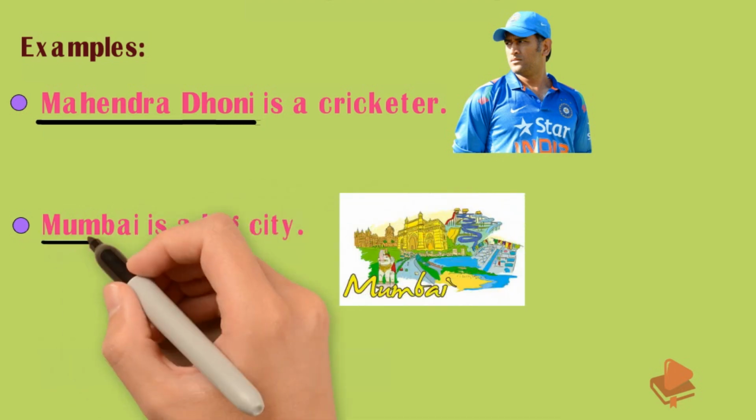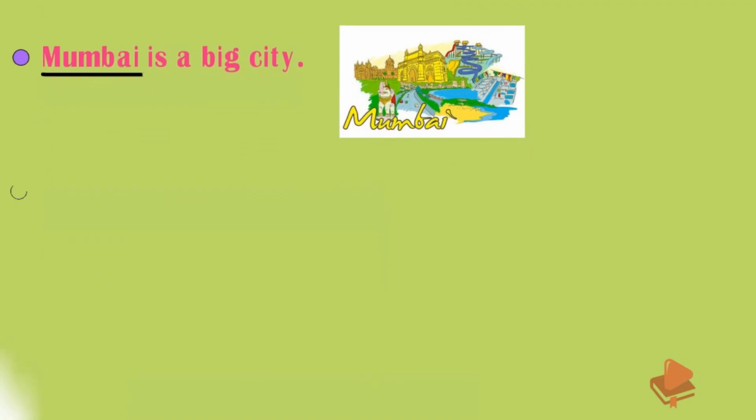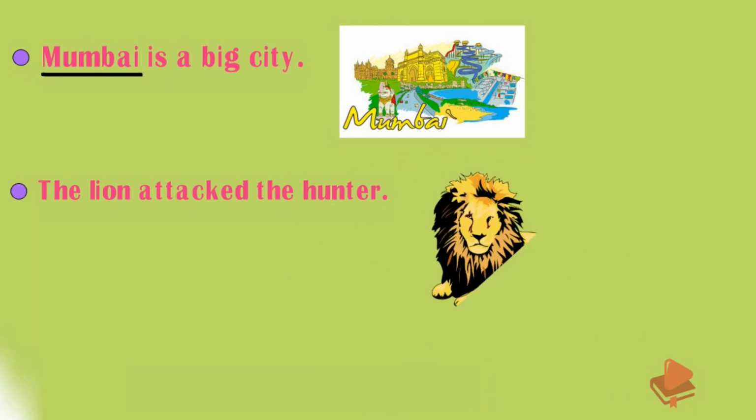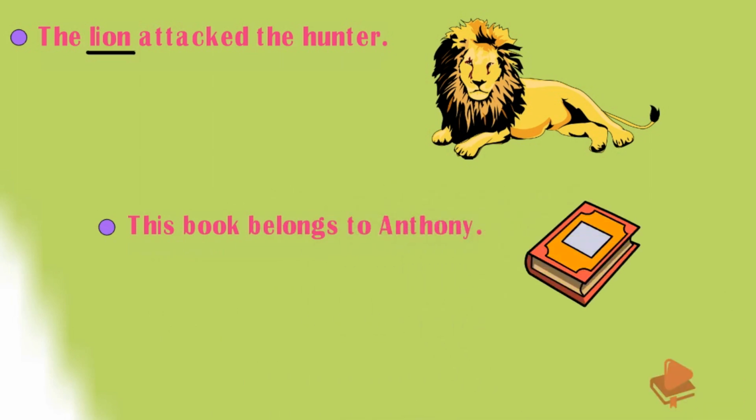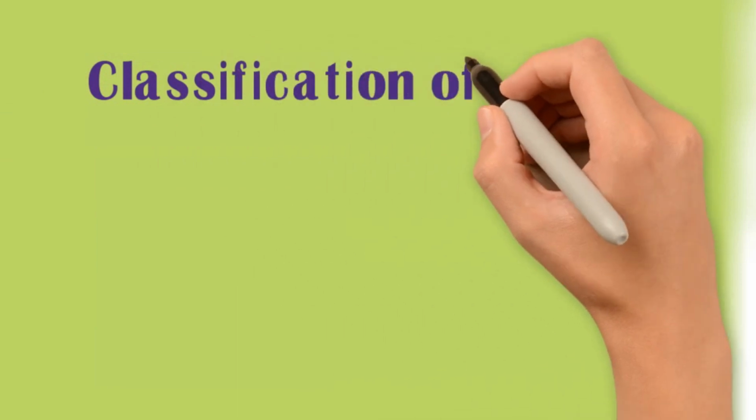So Mumbai is a name of a city. The next example, the lion attacked the hunter. It's an example of an animal, that is lion. This book belongs to Anthony. So in this statement, the book is a noun. Hope you are clear with the different categories, that is name of a person, place, animal, things, and ideas.